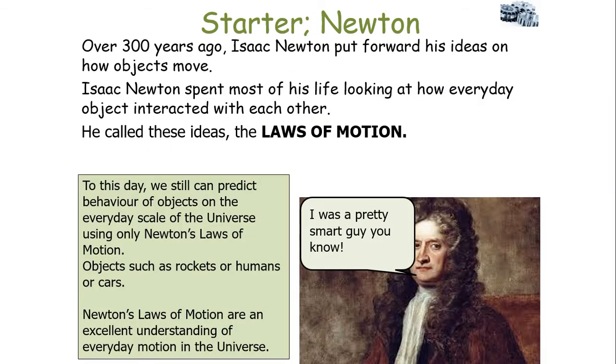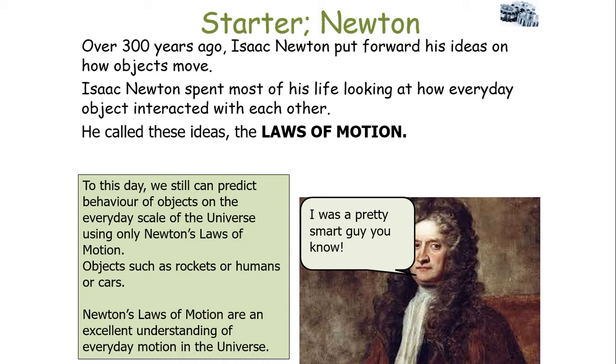So, over 300 years ago, Isaac Newton put forward his ideas on how objects move, and he spent most of his life looking at how everyday objects interacted with each other and caused these objects to move. Now, we call these ideas the laws of motion, and we call them today Newton's laws of motion. And to this day, we can still predict the behavior of objects on the everyday scale of the universe using these laws of motion.